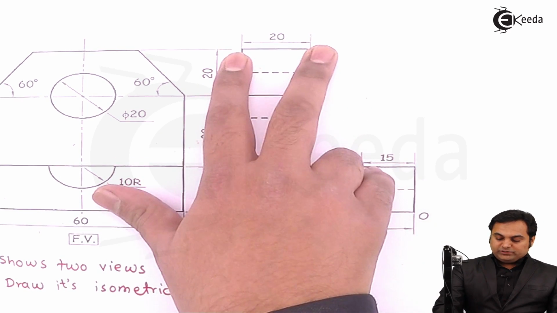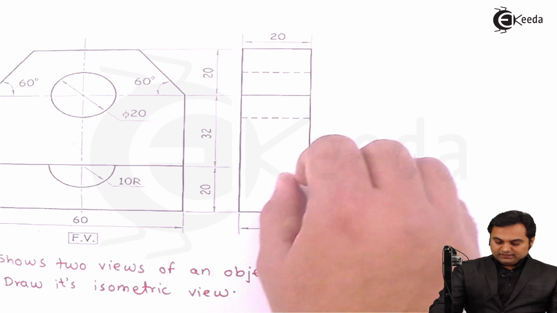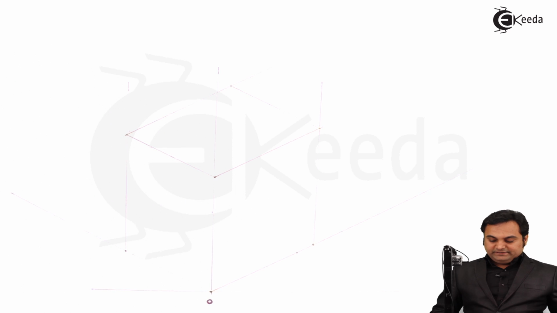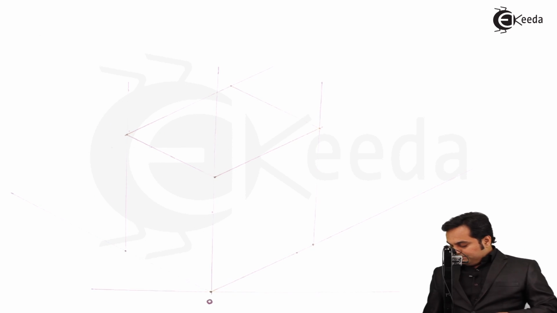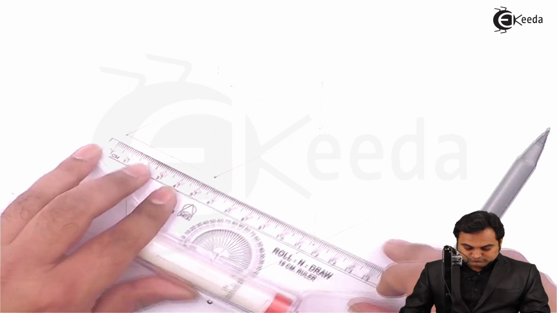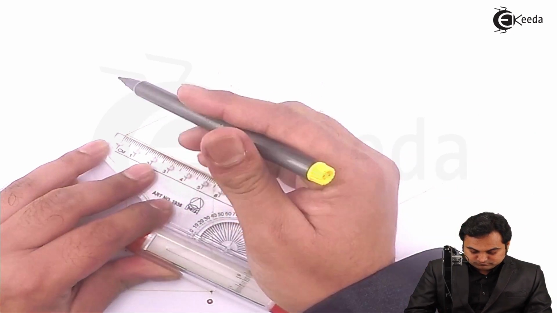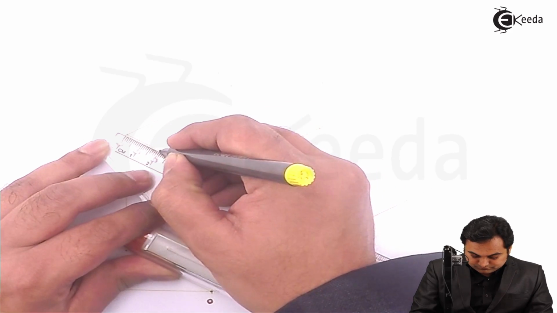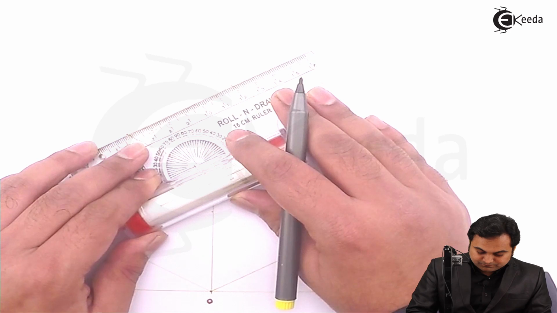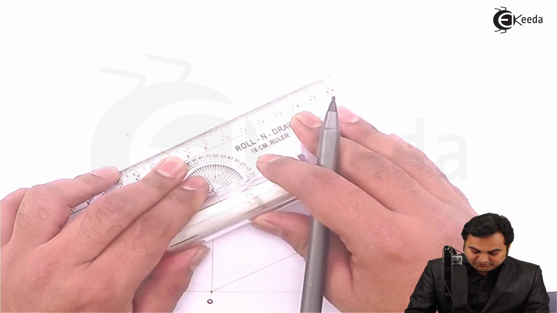Its width is 20 mm and its height is 52 mm and length is throughout. So I am going to plot that block. For that, here I am measuring the width as 20 mm. And then drawing a light line parallel to the length.